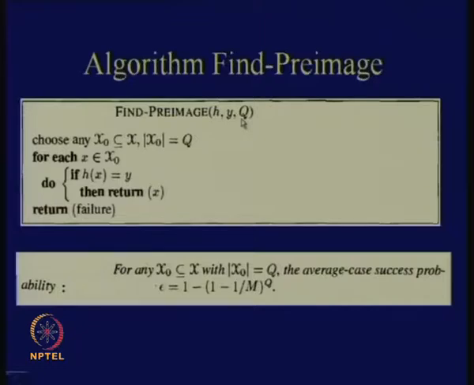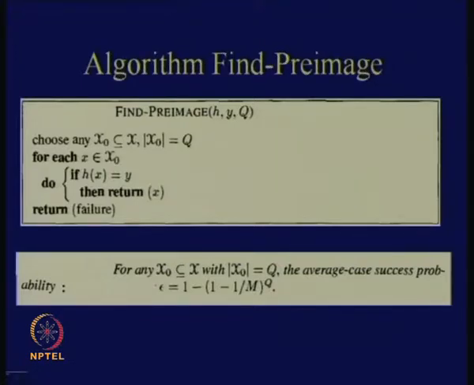In a random oracle, you can ask as many questions as you want, but if you want to solve it efficiently, you have to ask a polynomial number of questions, and from those you have to give the corresponding answer, that is, the inverse of y.